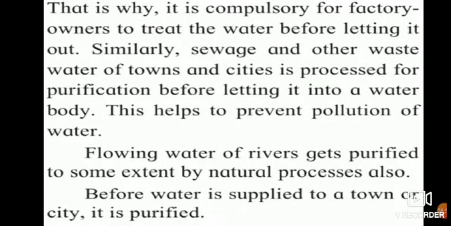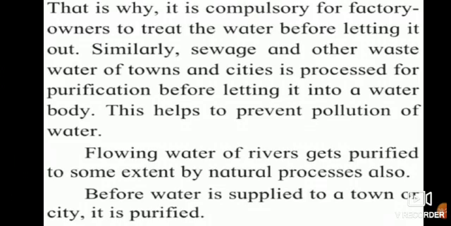So they try to stop the polluted water. They try to purify this polluted water, and with the help of the purification, the pollution of water stops over there. So flowing water of rivers gets purified to some extent by natural processes also.